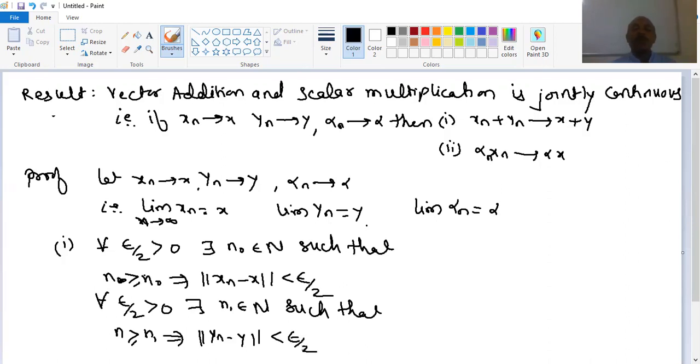What we have to show? xn plus yn converges to x plus y. That means consider the norm of xn plus yn minus (x plus y).